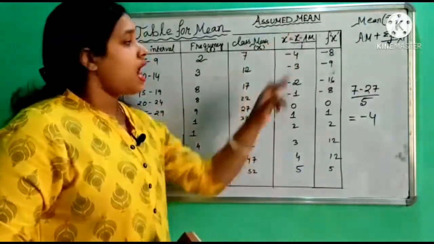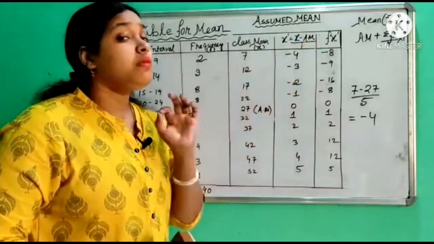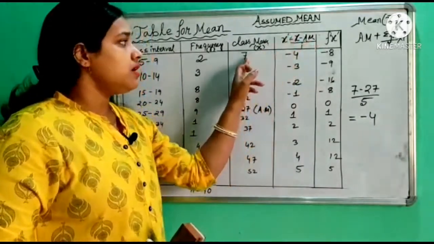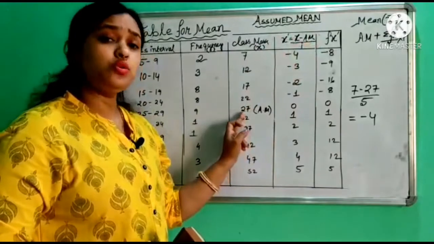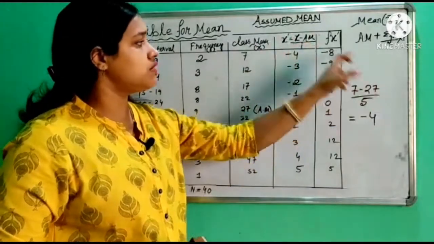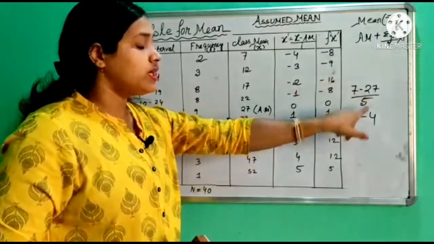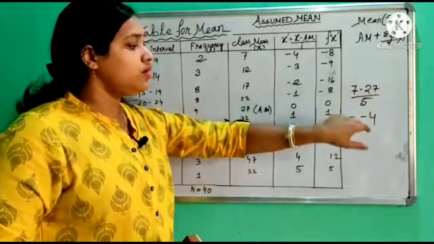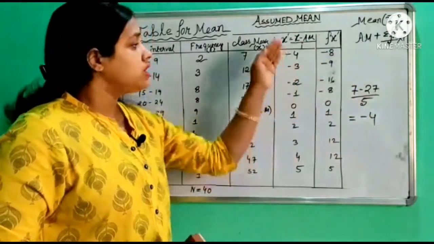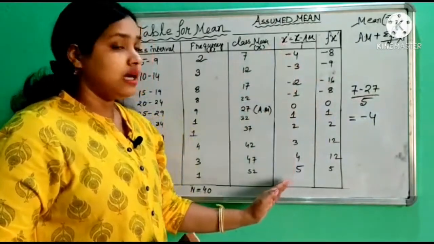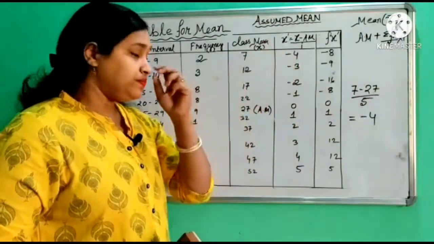Now x dash, x minus AM, divided by I. Here x is 7, AM you write 27, so 7 minus 27, divided by I, the length of interval, which is 5. Then you find minus 4. In this way you arrange all the data against x dash.